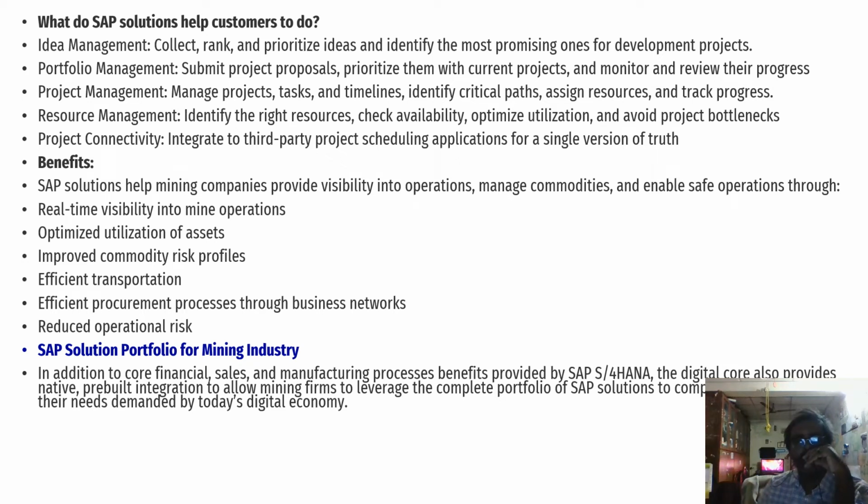So we have project management, and then for executing any work or process, we need resources, so resource management comes into the picture. Finally, all these activities or tasks can be connected through project connectivity, which integrates the company's assets with third-party project scheduling applications for the single version of truth. Okay. So finally, extraction or refining is the truth of the business.